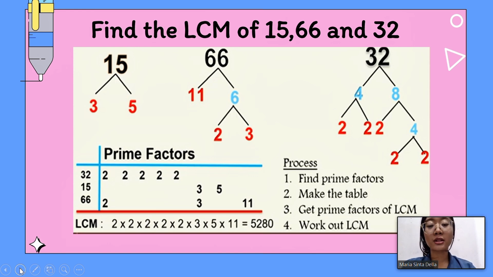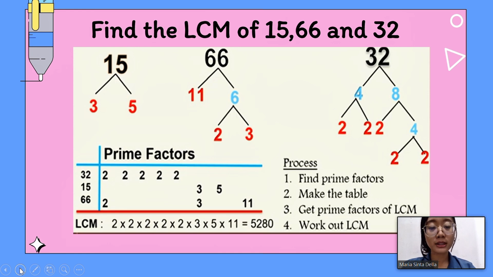Next, I find the prime factors of our LCM. One factor from each column: 2 times 2 times 2 times 2 times 2 times 3 times 5 times 11.